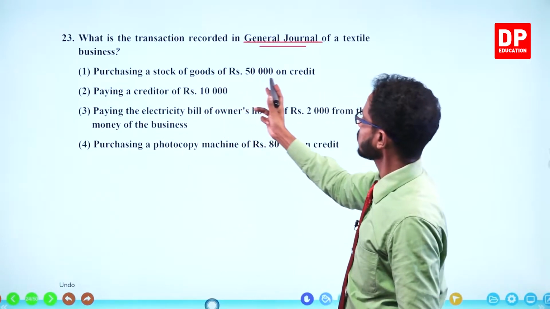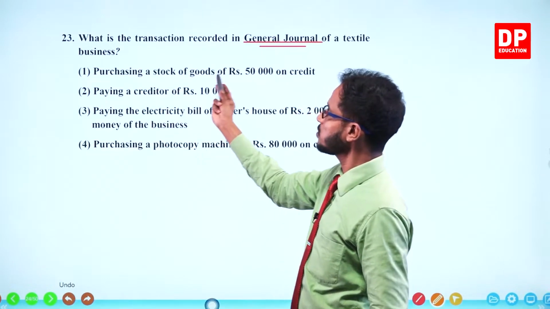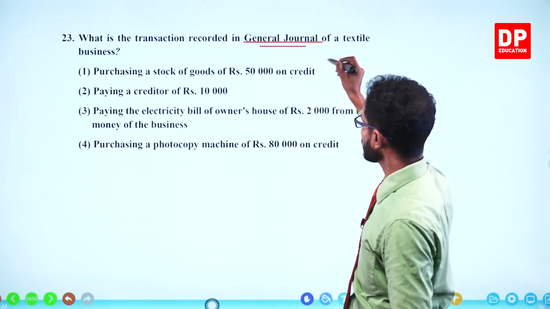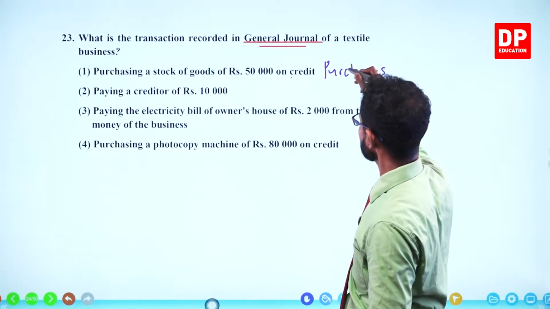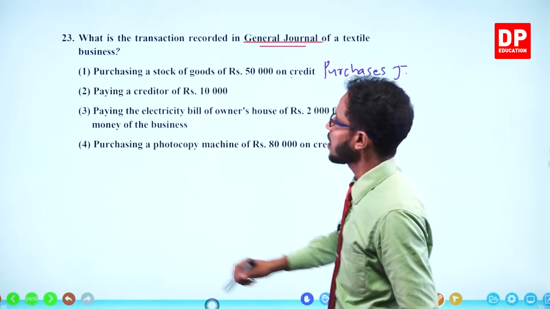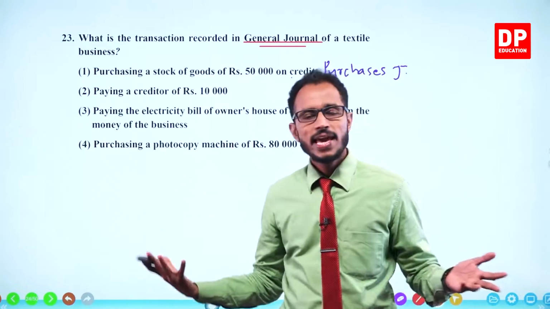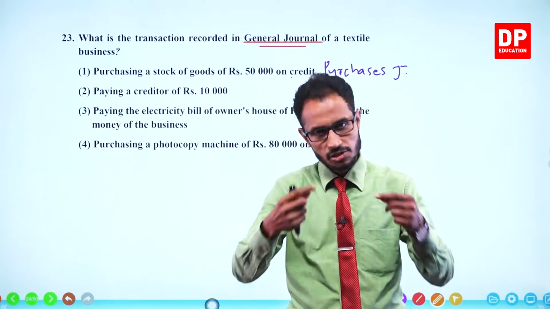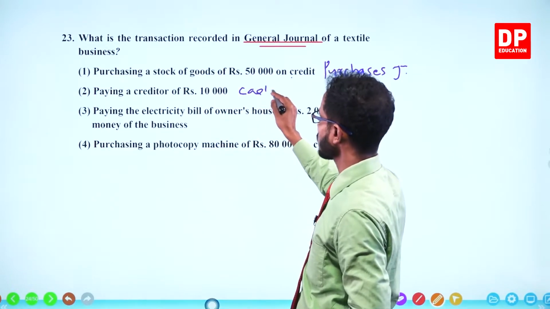Purchasing a stock of goods, 50,000 on credit. Purchasing a stock of goods on credit, that goes to the purchases journal. Okay. Paying a creditor 10,000. When we say paying, all the payings, cash payments, go to the cash book. So paying a creditor, it goes to the cash book.